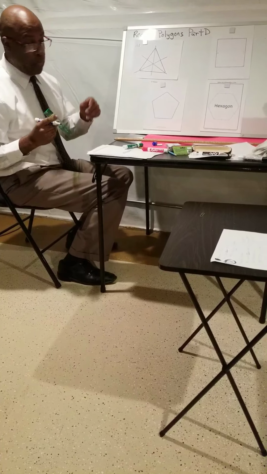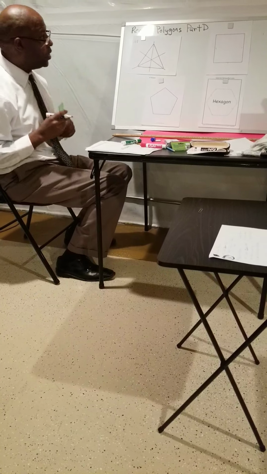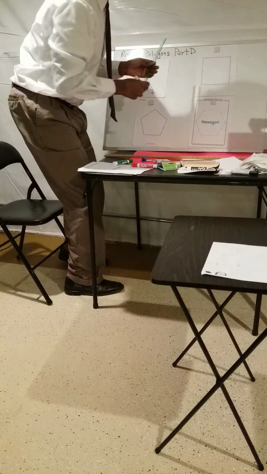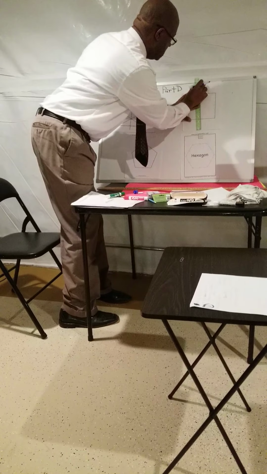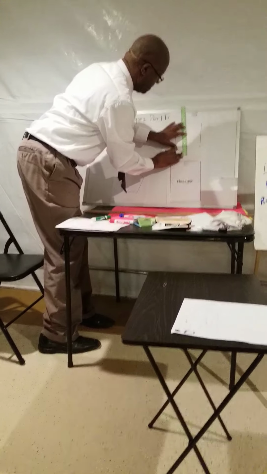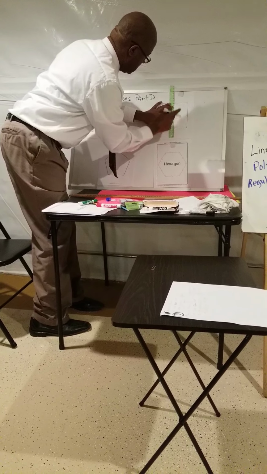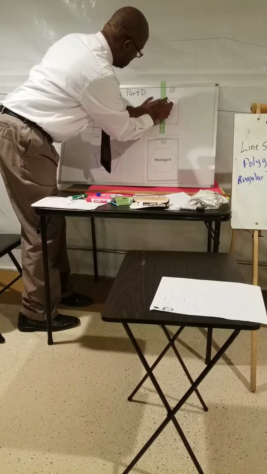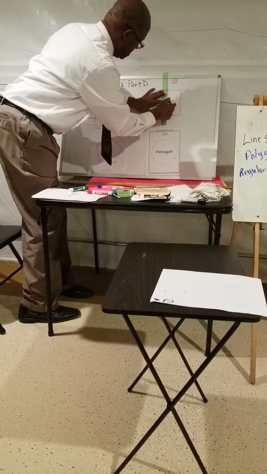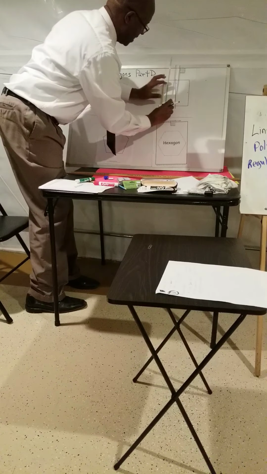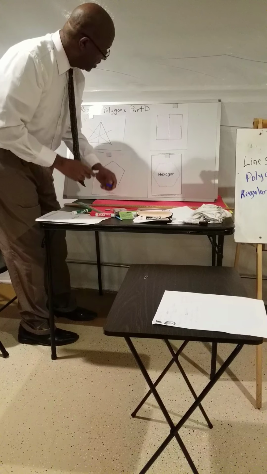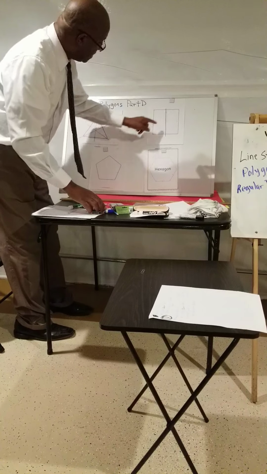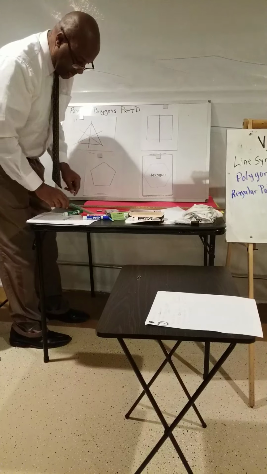Okay. Now we talked about the square already, but we'll quickly review it. One line of symmetry. We have line symmetric, line symmetric.